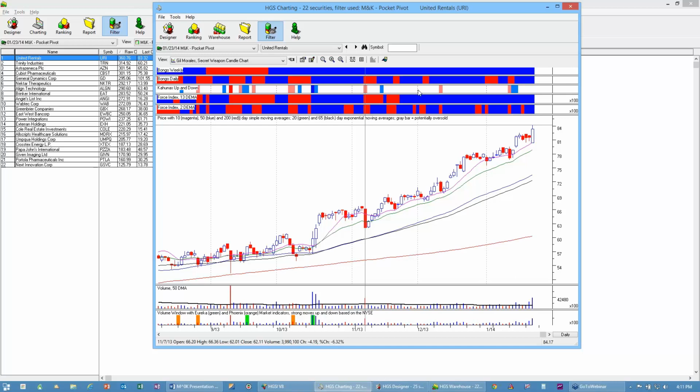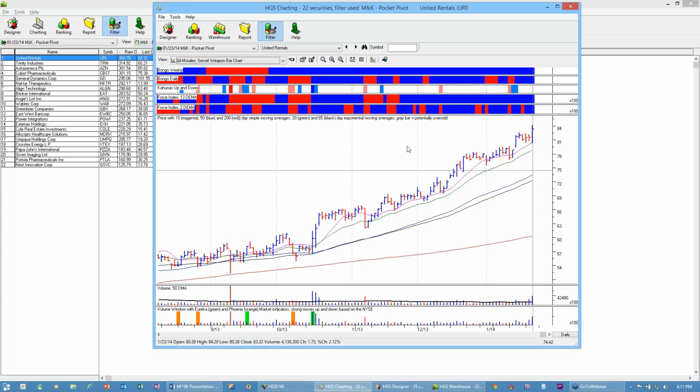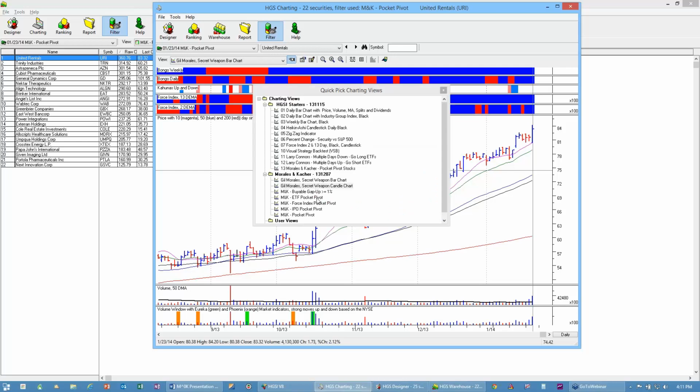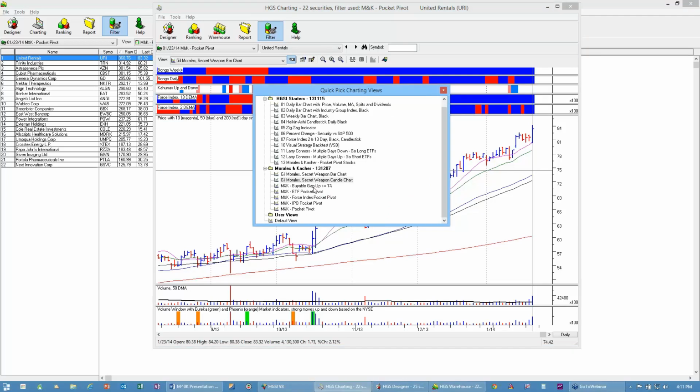So that is Gill's secret weapon chart. I have both a candle version and a bar chart version, whatever you prefer. I think Gill probably uses the bar chart version more often than the candle version, but that will give you an option, plus you have the option of using all of these other charts in here which correspond to each one of these views and to the smart groups.